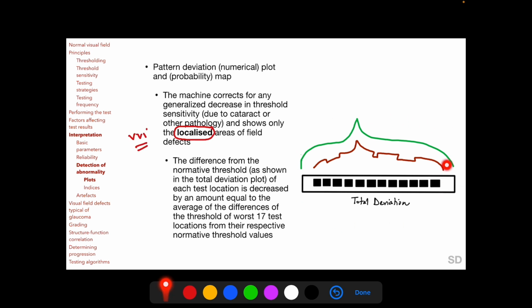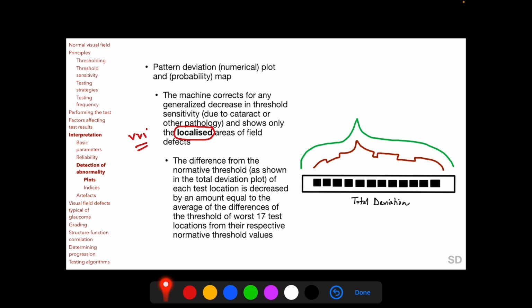In this diagram, the green line shows the hill of vision in age-adjusted normal population joining the threshold sensitivities at each point along this meridian, and the red line shows the hill of vision of the patient joining the measured threshold sensitivities at each location along this meridian.